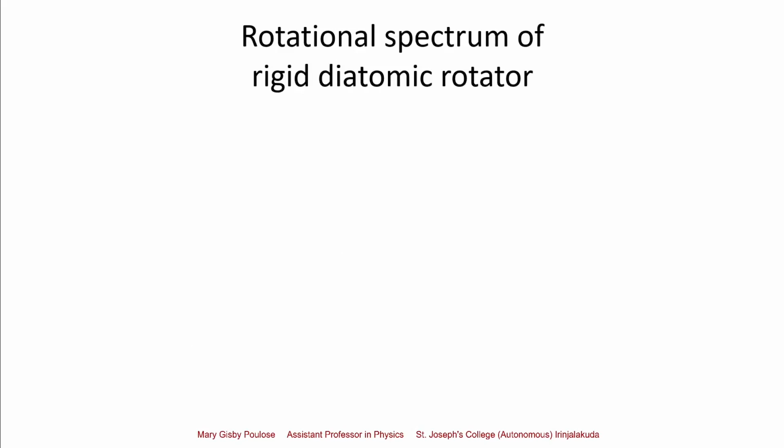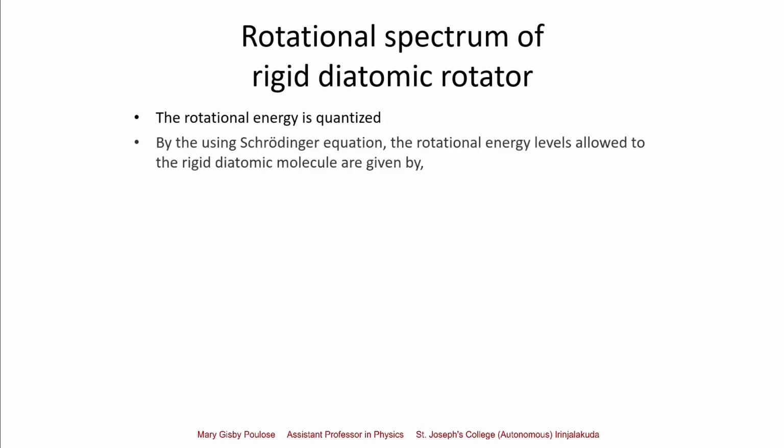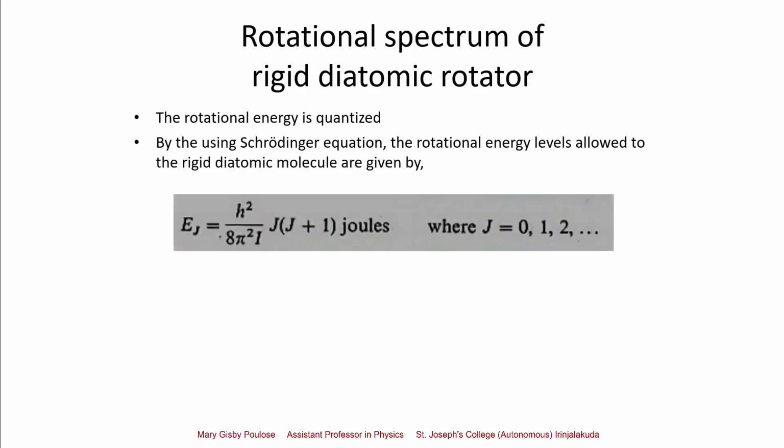Now let us look into the rotational spectrum of a rigid diatomic rotator. When the molecule is rotating, it can rotate with quantized energies. So the rotational energy is quantized. By using the Schrodinger equation, the rotational energy levels allowed for this rigid diatomic molecule are given by El is equal to l into l plus 1 h cut square by 2I.